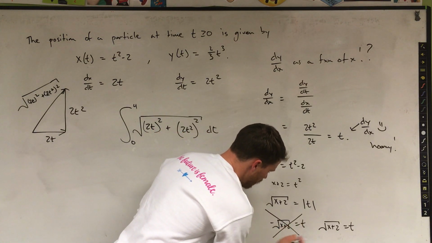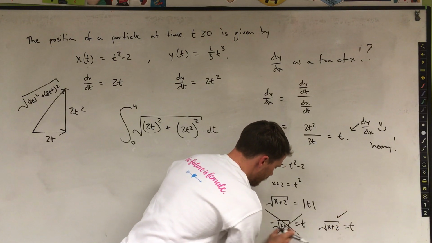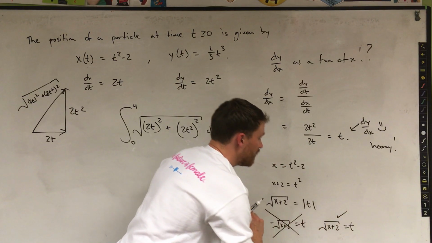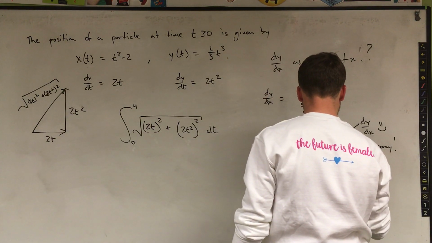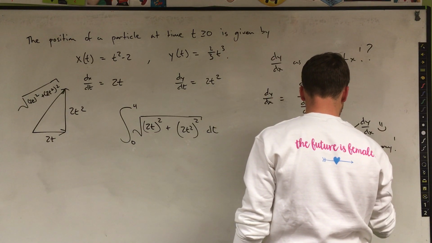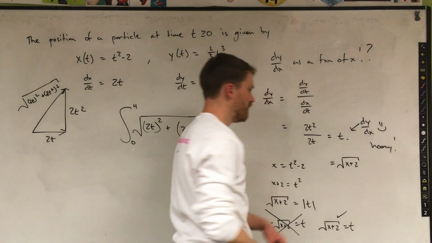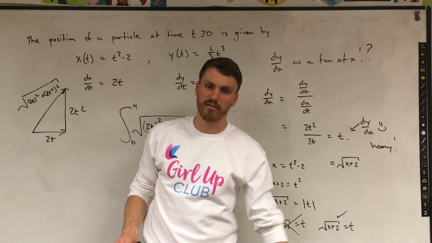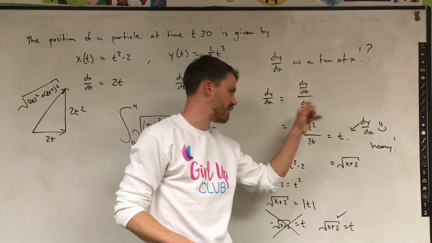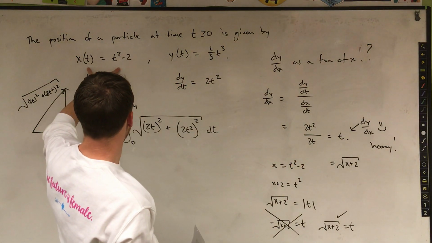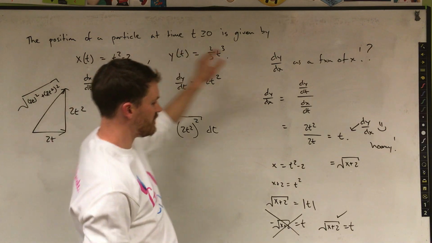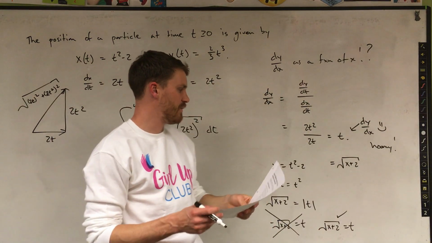This one will, because it's definitely positive. So a formula for my rate of change should be the square root of x plus 2. These are both formulas for dy/dx. One of them is a function of x, one is a function of t. I was asked for a function of x, so I went back to my relationship between x and t, solved for t, so that I could write it in terms of x.